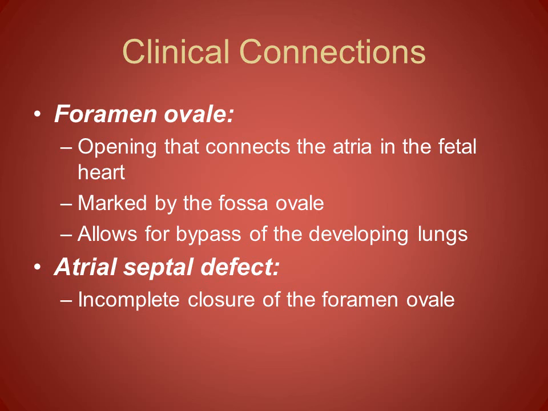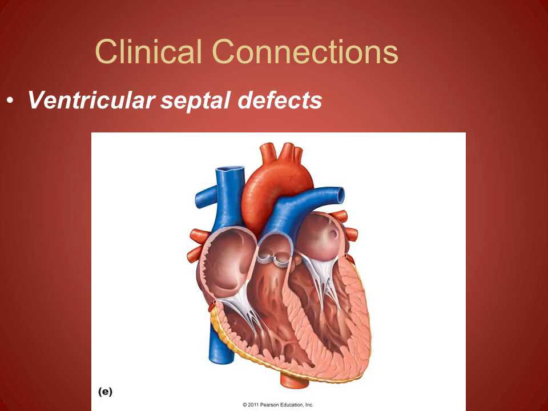If it does not close properly at birth, then you can end up with a defect there. That's sometimes referred to as a hole in the heart. Sometimes if you give it time, it will seal up. Sometimes it may require surgery. Depends on the extensive nature of it. You can also have ventricular defects between the interventricular septum.